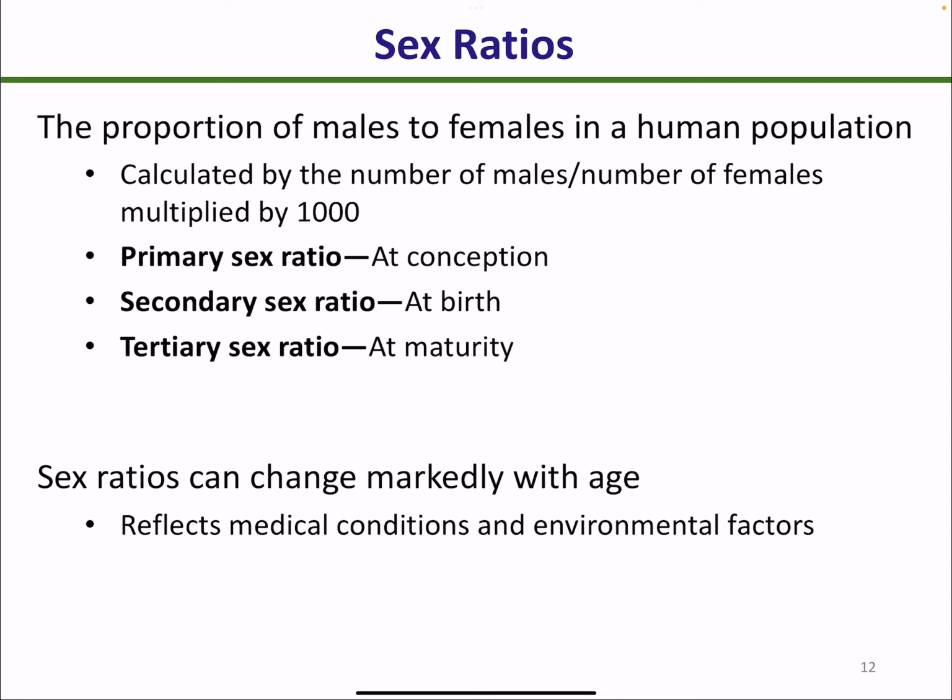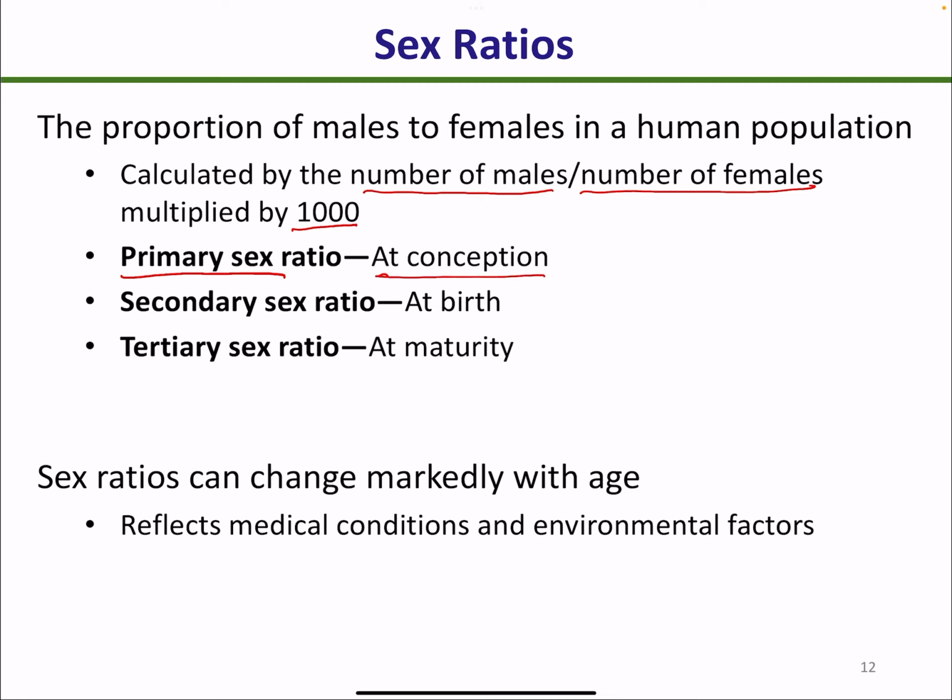So we're going to consider the number of males divided by the number of females multiplied by 1,000. Okay, so now we have different levels of sex ratios. We have the primary sex ratio. The primary sex ratio, it's basically at conception. So we are going to ask the following.